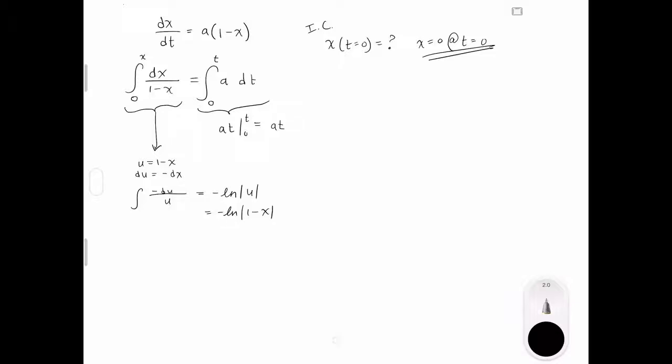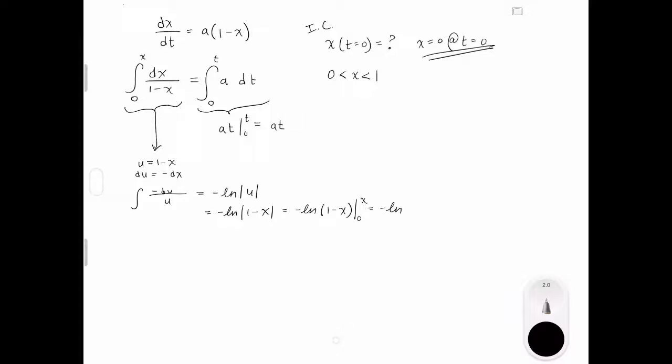And knowing that by definition conversion is restricted between 0 and 1, 0 being no product, 1 being complete conversion of the reactant to product, we can remove the absolute value signs, so that just becomes natural log of 1 minus x, from 0 to x, those are the limits.